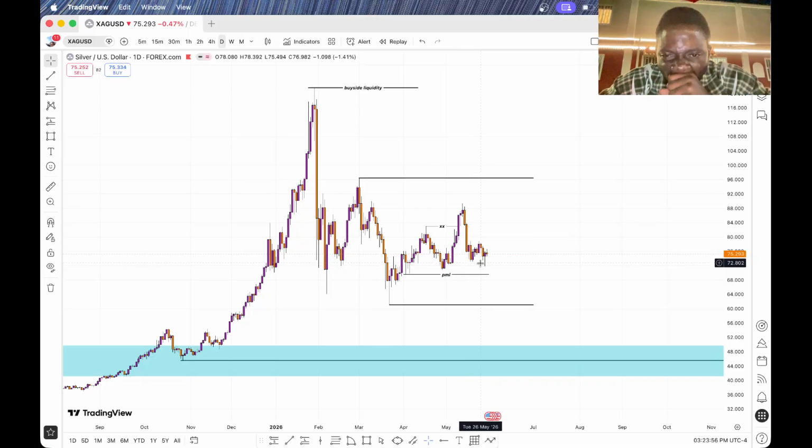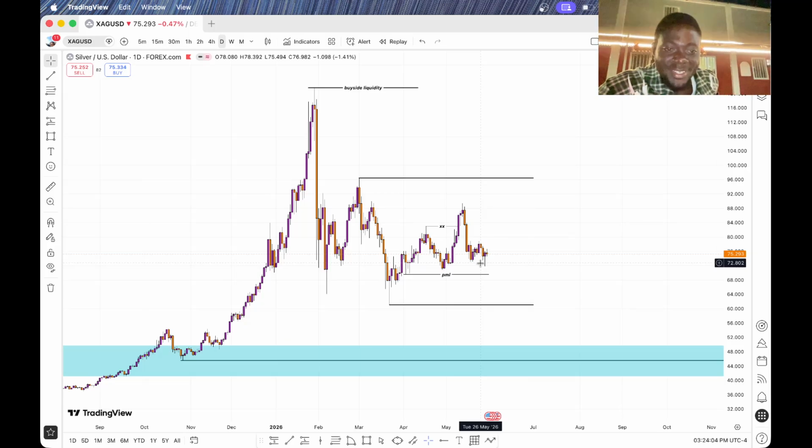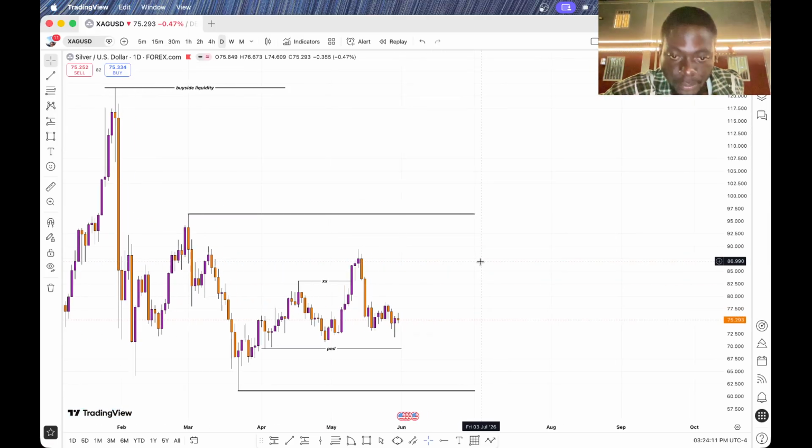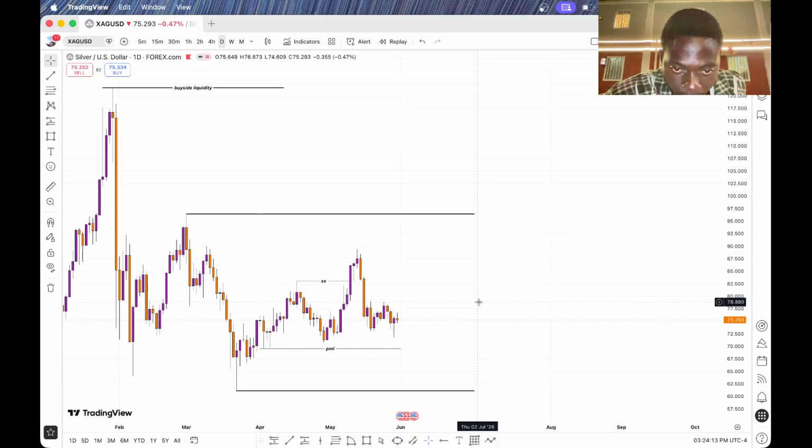But ooh, this analysis is tough because I'm seeing things and I'm not interpreting them well. Double top.